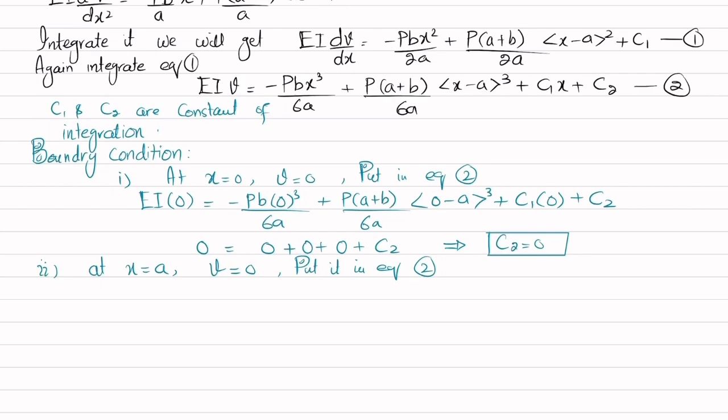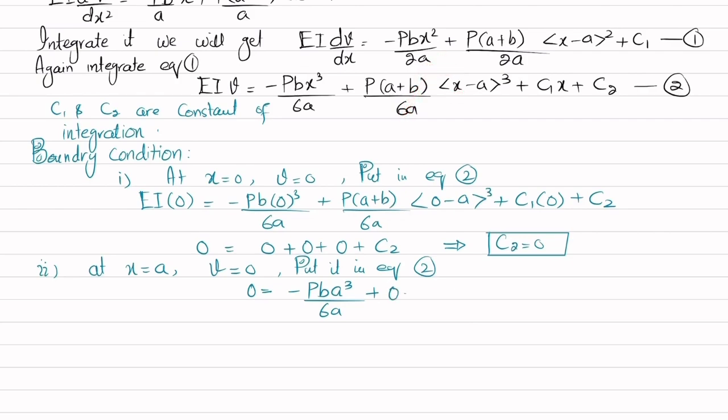We get EI into v is 0, so 0 is equal to minus Pb into x is a, so Pb a cube over 6a, plus this term, x minus a, where x is a, so this whole term will also be 0 because a minus a is 0.